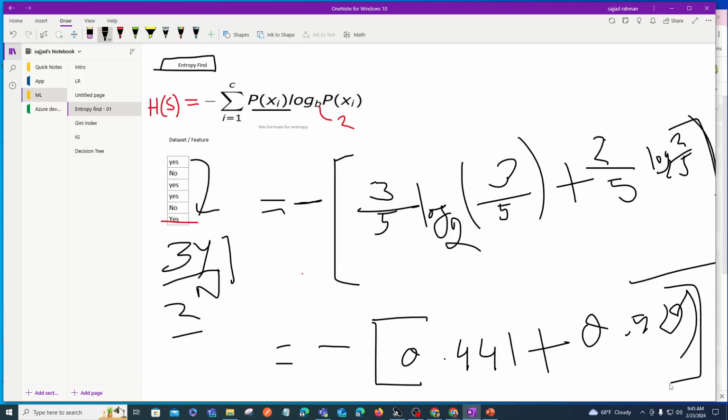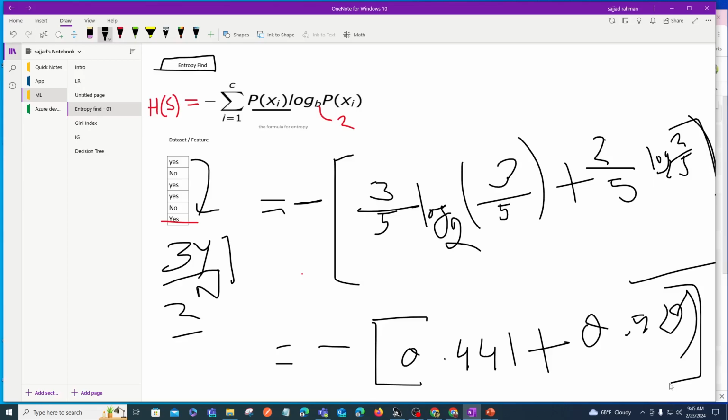So 0.528 plus 0.441 is going to give us 0.969.